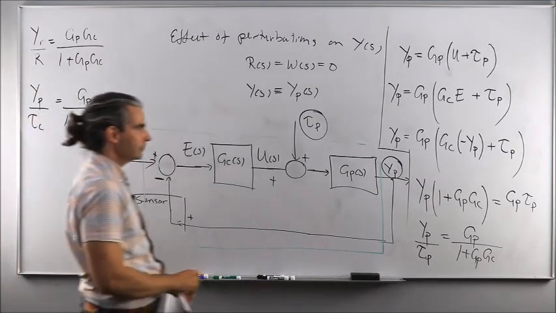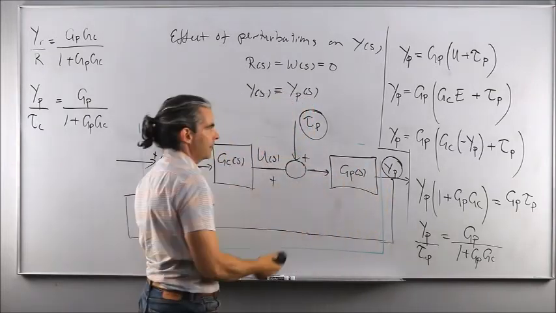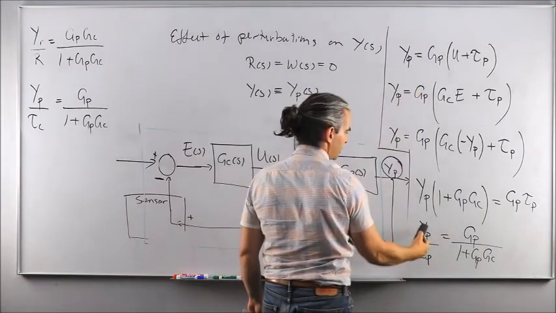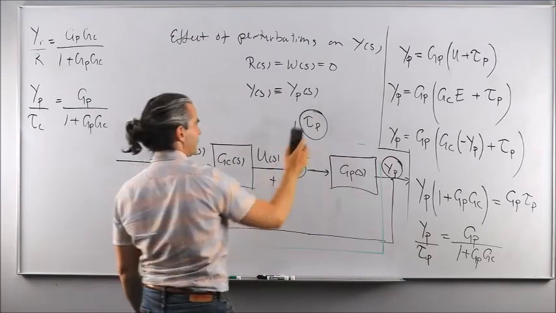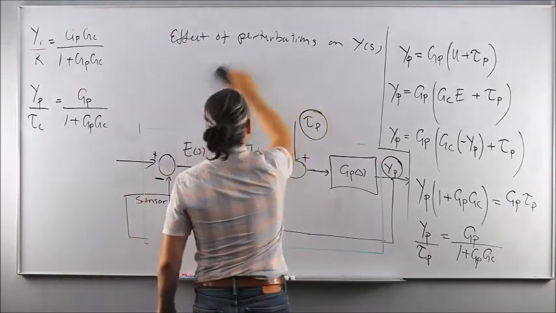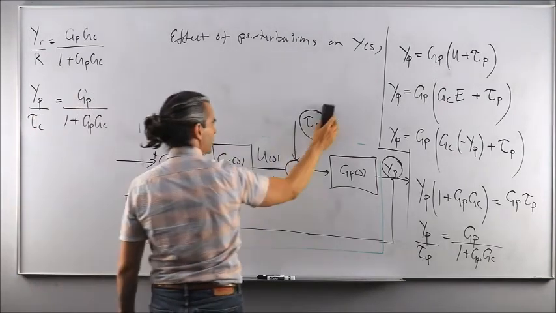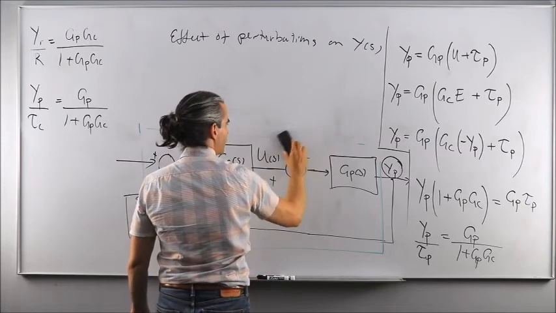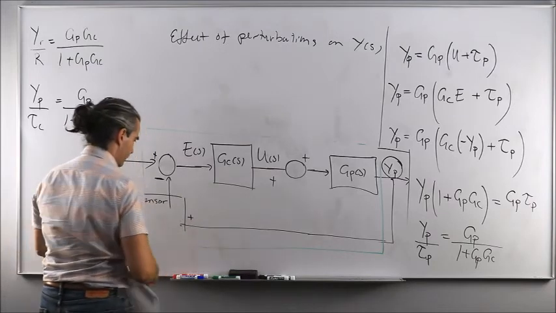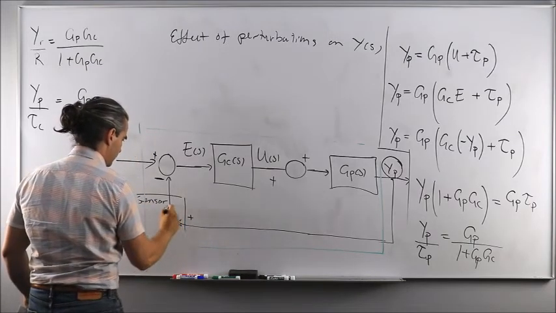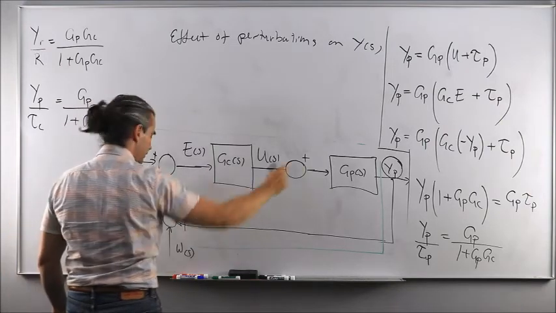Good. So you see, all I'm doing here is I'm reading the signals flowing through the diagram and turning that into ultimately a transfer function that relates the output of interest to the input of interest. So far we've established the effects of reference signal and perturbations on the output. So let's now analyze the effects of the sensor noise, which is W, onto the output of the plant.